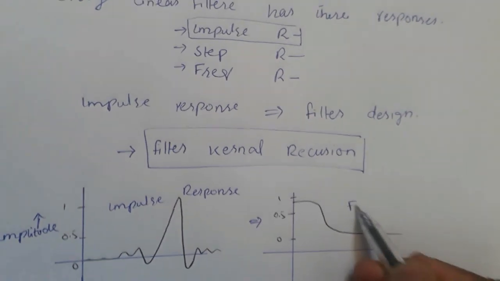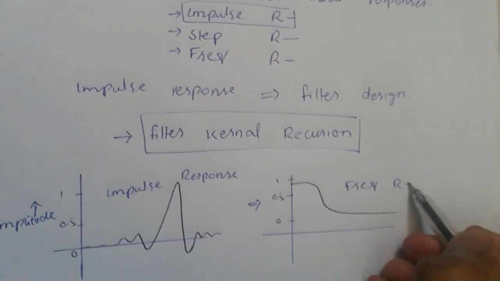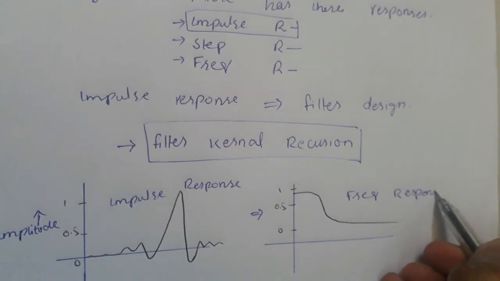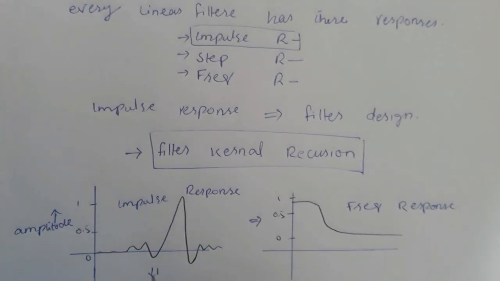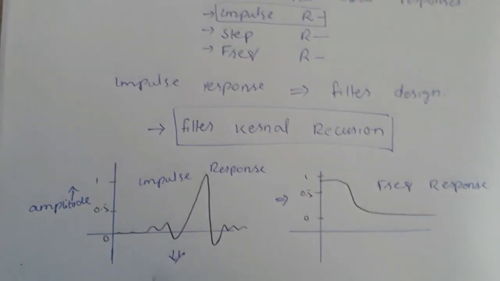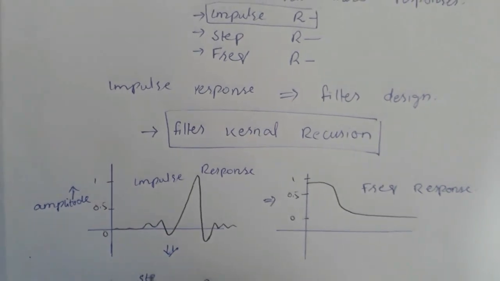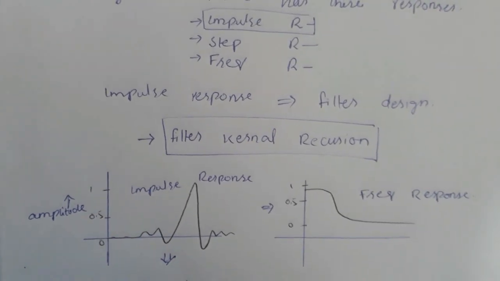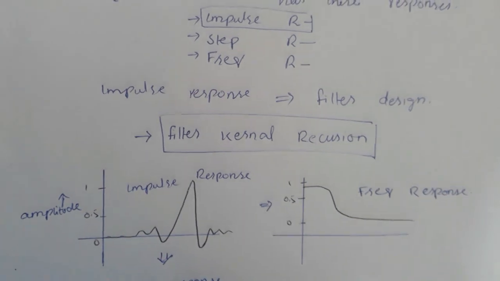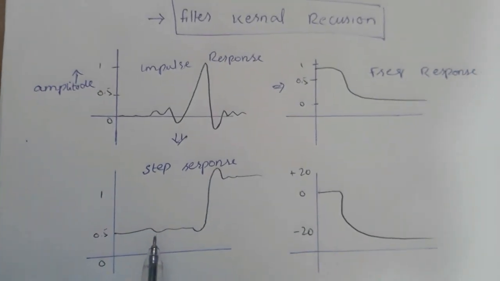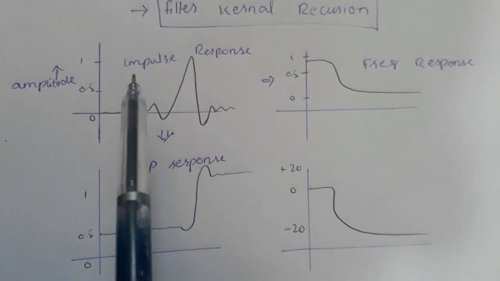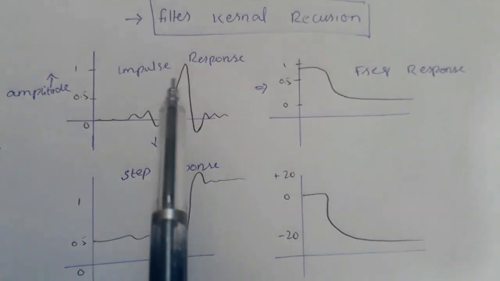This is the frequency response. When we integrate our impulse response, we get the step response, which is this one. This is the step response of our above impulse response signal.